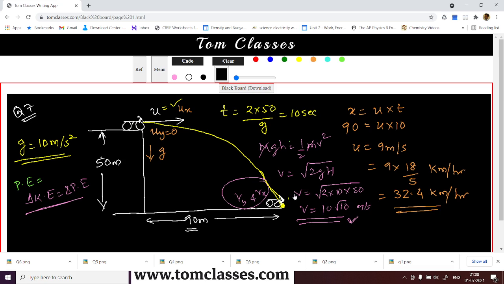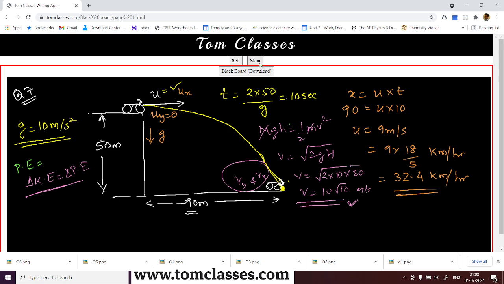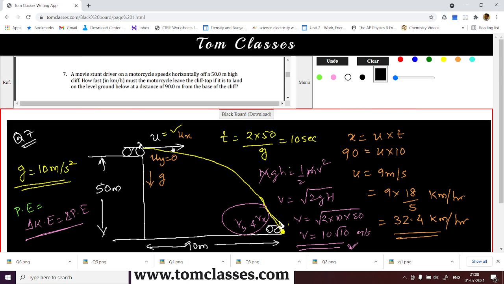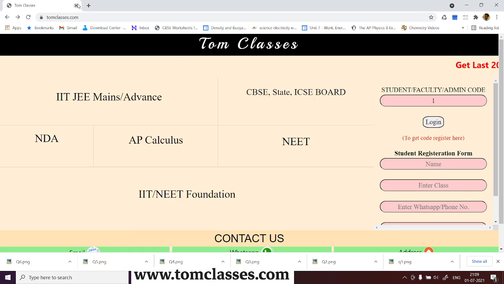Because it's not going to stop immediately, the bike is going to travel also, so this is supposed to be a higher value. Then let's see this. This will be valid if this body has been dropped, but it has not been dropped, so that's why that value is coming here.